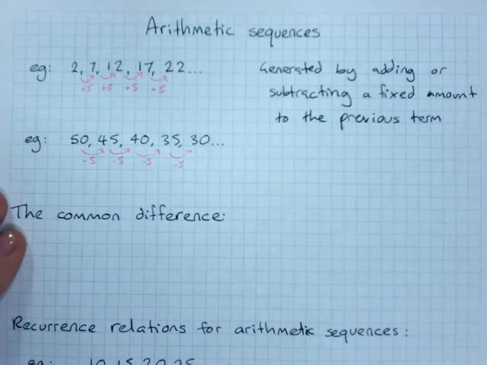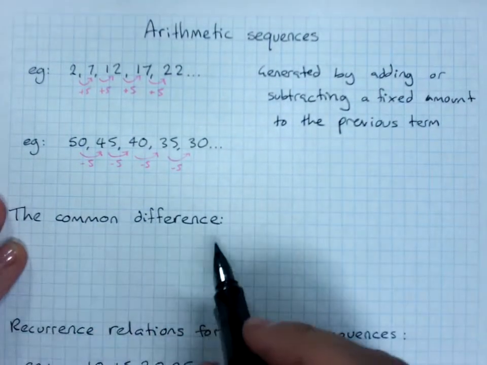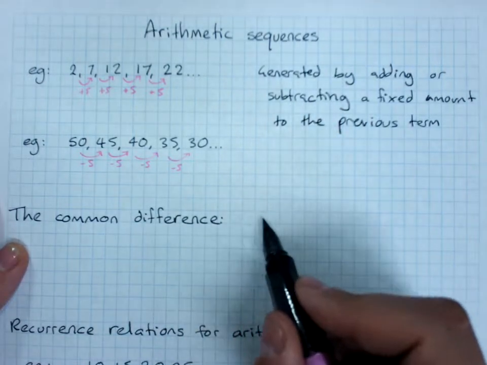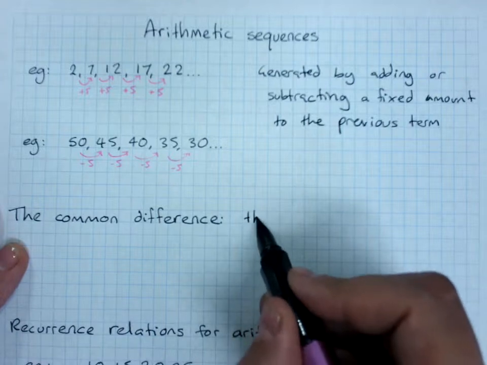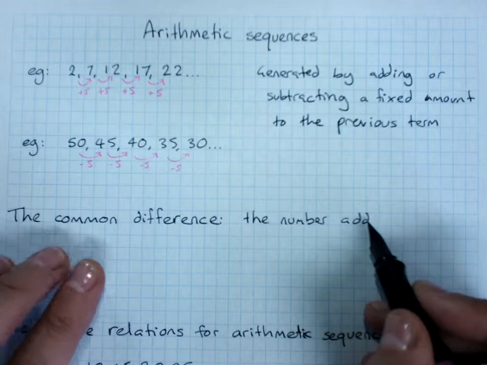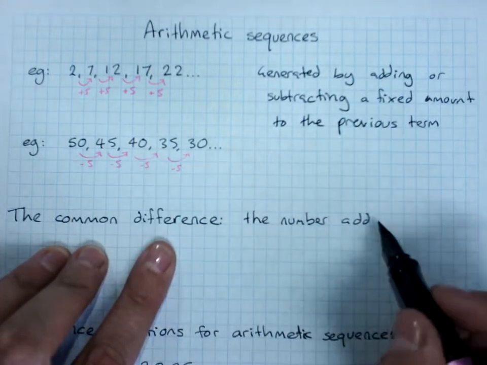Now when we are using arithmetic sequences, that fixed amount that we add or subtract is the common difference. So common means shared, and difference is the difference between each term.